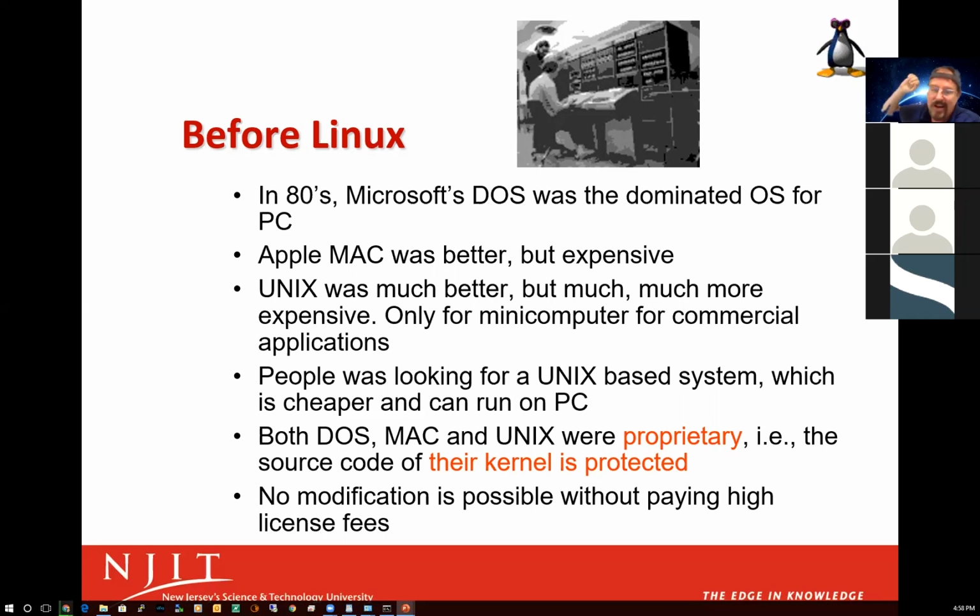Apple Mac was better, but expensive. Unix was a multi-user, multitasking operating system, whereas Mac OS and Windows were single-user multitasking. They were designed for a single workstation, and you can run multiple tasks.